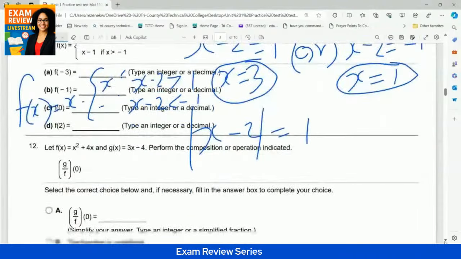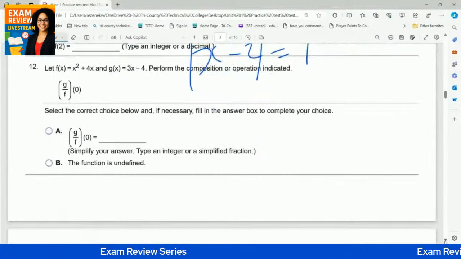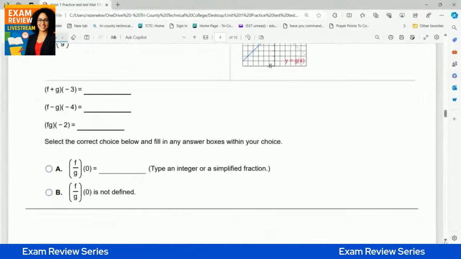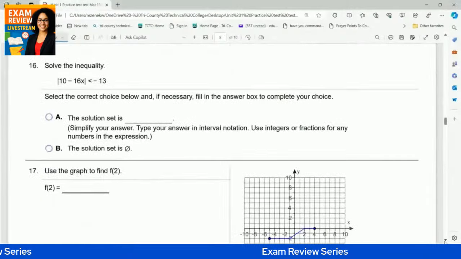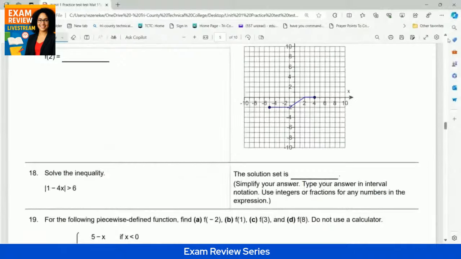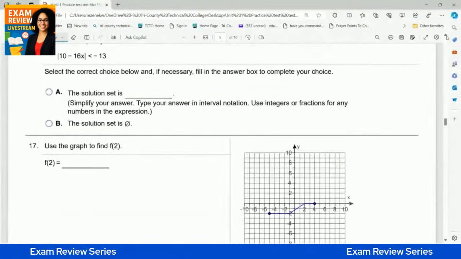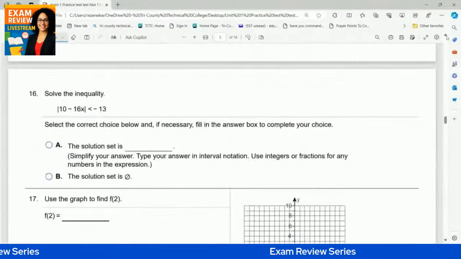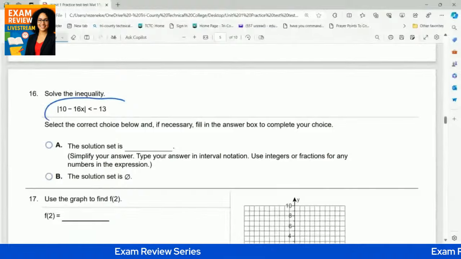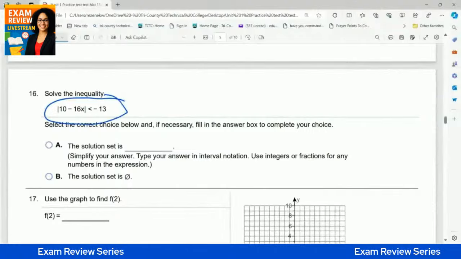Actually, there's going to be a question that, let me pull up that question right now so we can solve it. Okay, I see it already. I see one question like that. All right, so everybody look. I already gave an example of this. The absolute value of a function cannot be negative.